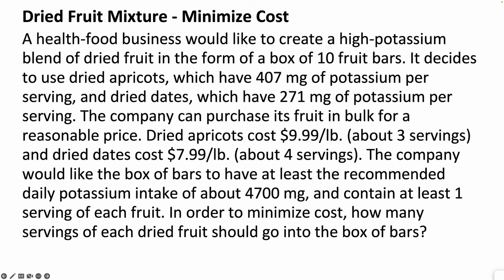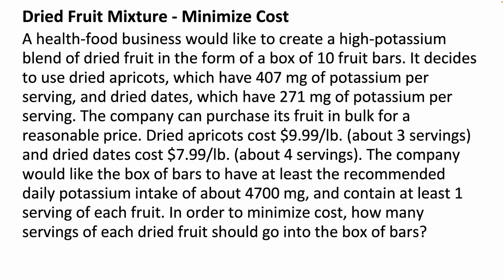Our second problem says, a health food business would like to create a high potassium blend of dried fruit in the form of a box of 10 fruit bars. It decides to use dried apricots, which have 407 milligrams of potassium per serving, and dried dates, which have 271 milligrams of potassium per serving. The company can purchase its fruit in bulk for a reasonable price.